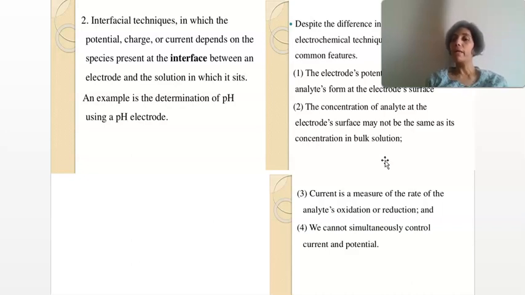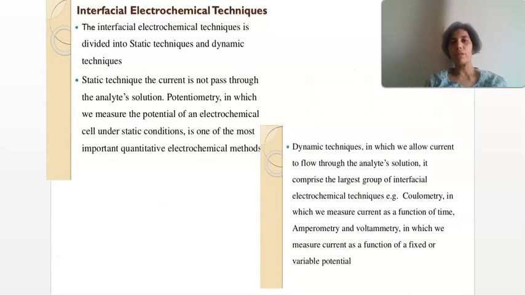And we cannot simultaneously control current and potential. What does this mean? In most of the techniques, you either keep the current constant, or you keep the potential constant and vary the current. Then only we try to estimate the concentration.